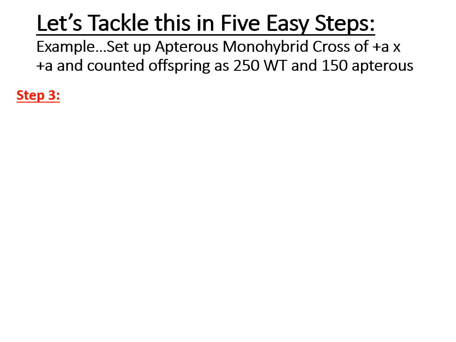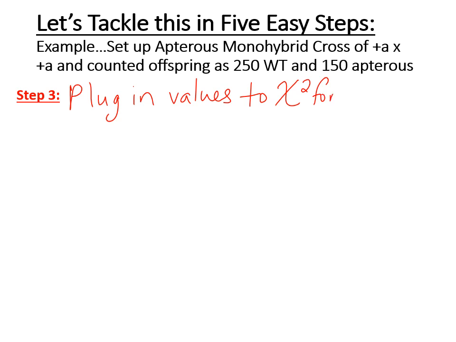Now comes the more annoying step, the step that students usually find more annoying, which is to plug in your values into the chi-squared formula. Just as a reminder, what did we say the chi-squared formula was?